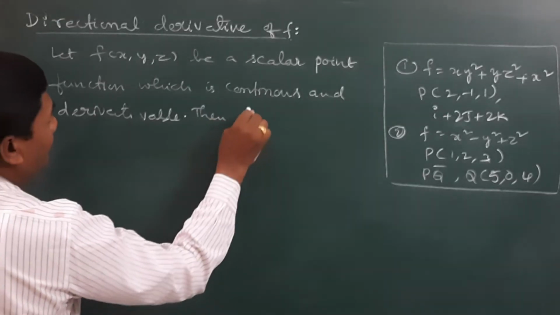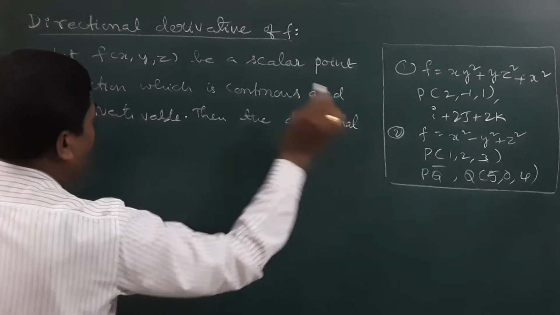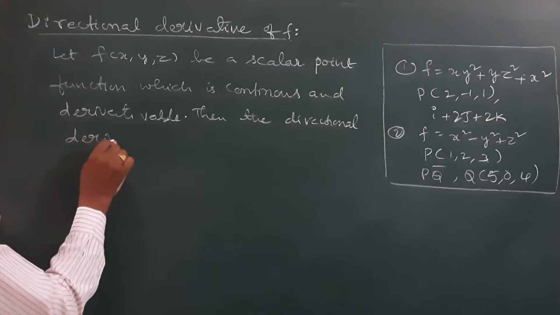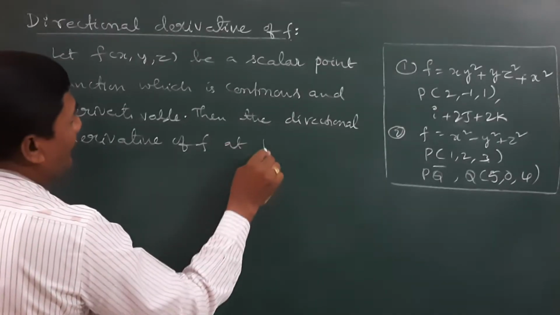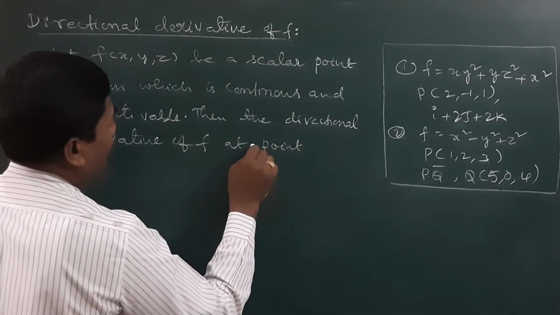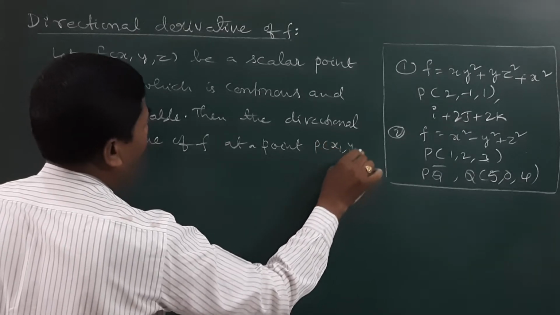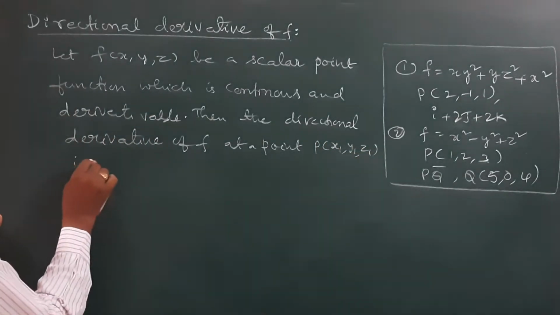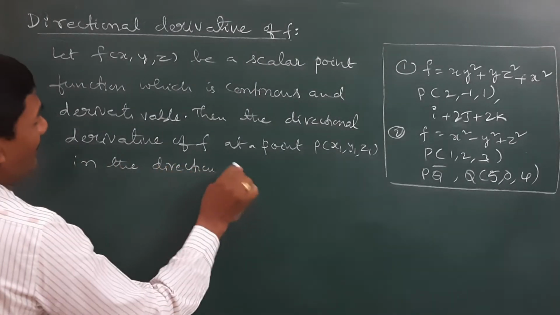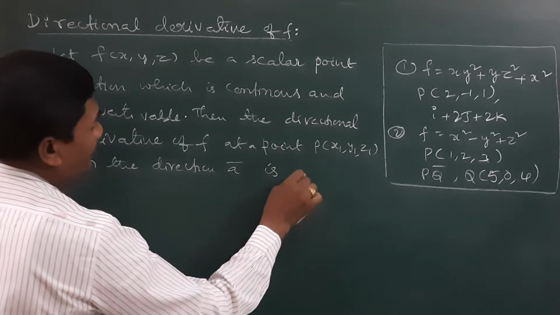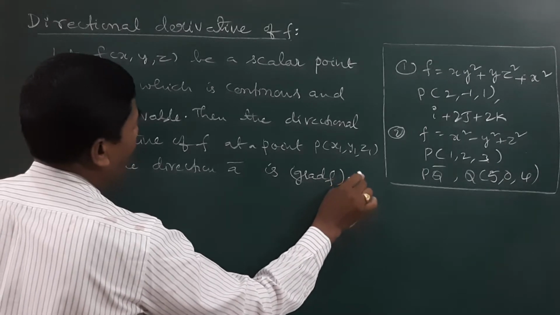Then the directional derivative of f at a point P (x1, y1, z1) in the direction a bar is the gradient of f at the point dot e bar.